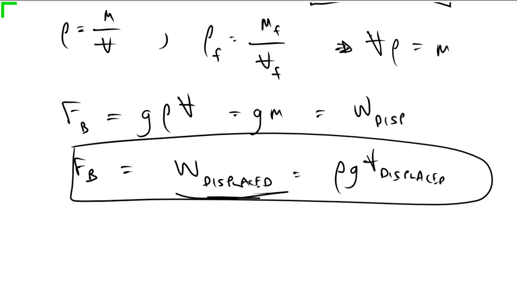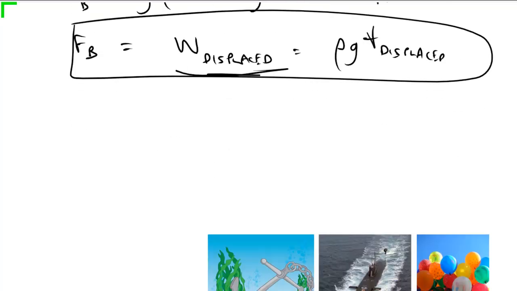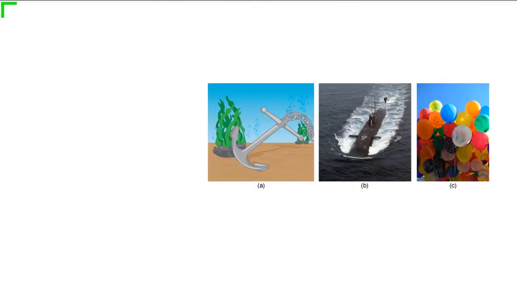So there are circumstances on this. Let's actually look at some of these pictures here. So like a submarine we have in figure B here, a submarine can actually change its buoyancy.